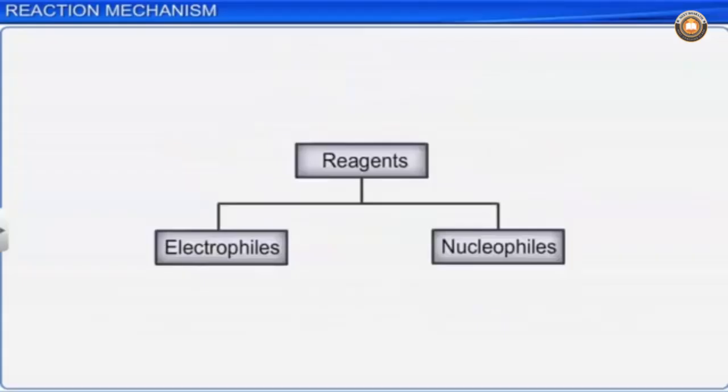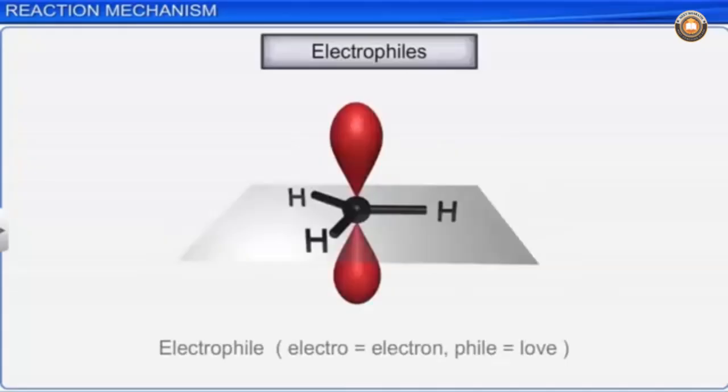Polar organic reactions are caused by 2 types of reagents: electrophiles and nucleophiles. An electrophile is an electron-seeking or electron-loving species, as it is electron deficient.